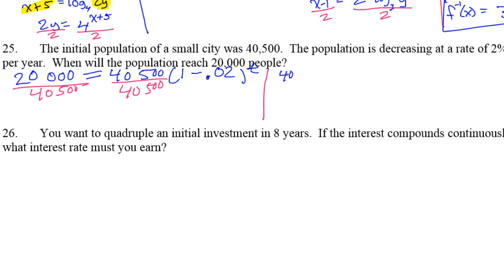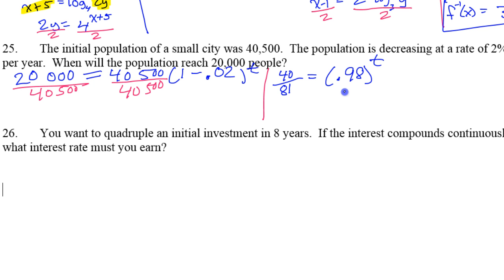So 40 over 81 is equal to, what's 1 minus 0.02? 0.98. If I were you, I'd go ahead and write 0.98 instead of writing 1 minus 0.02. So 0.98 to the t power. That's all we can do as far as the algebra steps.